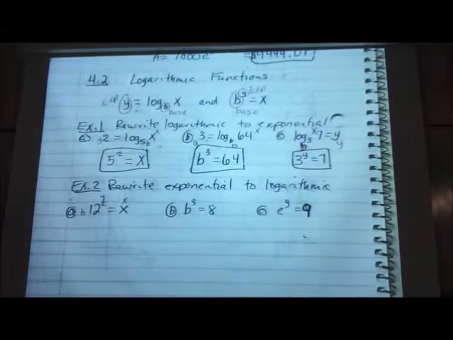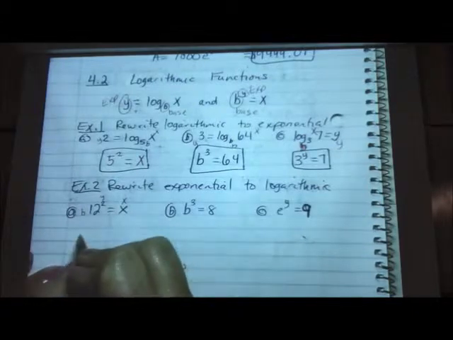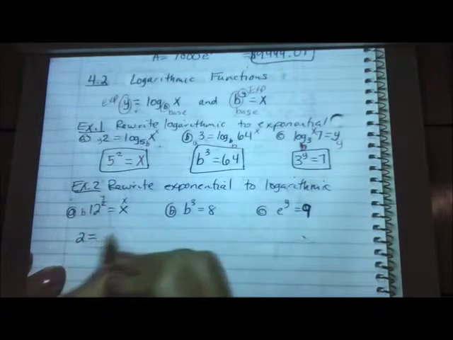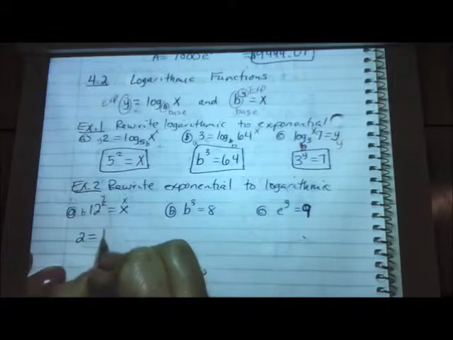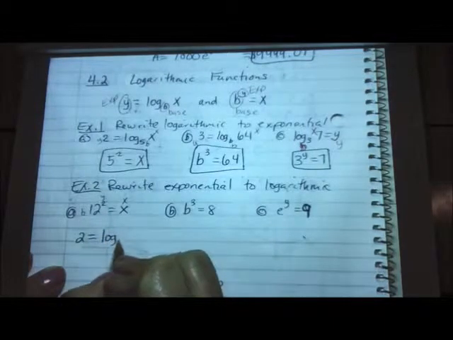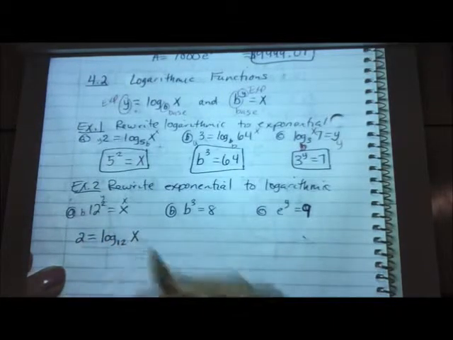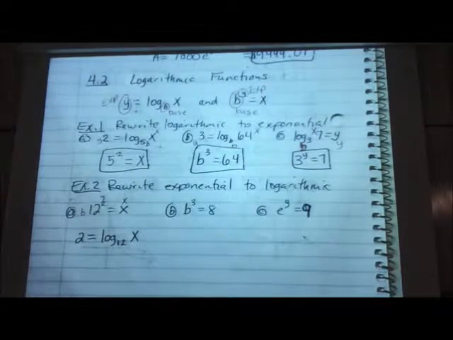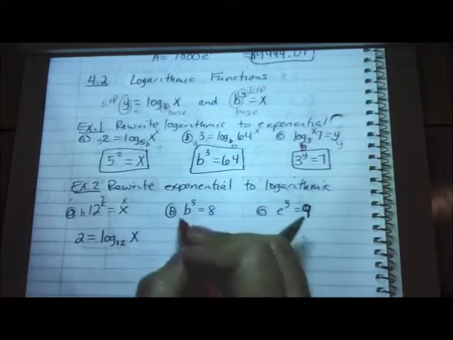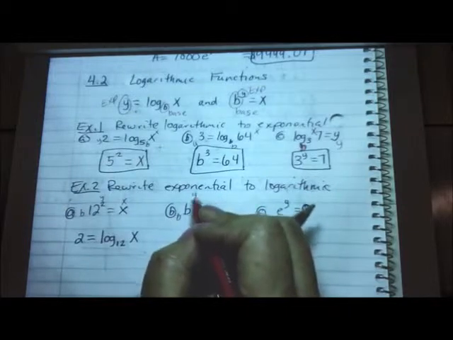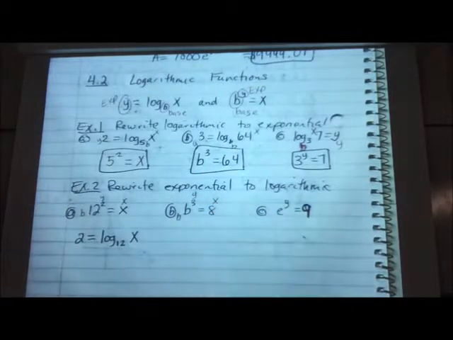So when I rewrite this, which is 2 equals log with a little 12 and then x. Hard? No, right? So b is my b, my exponent is y, and this is my x.